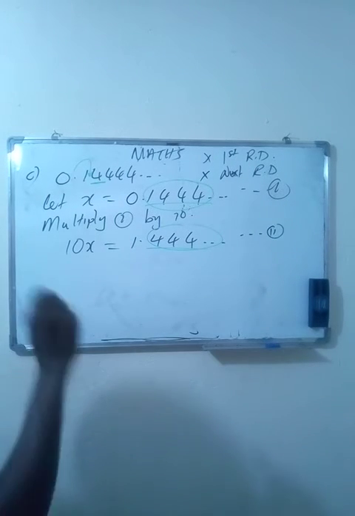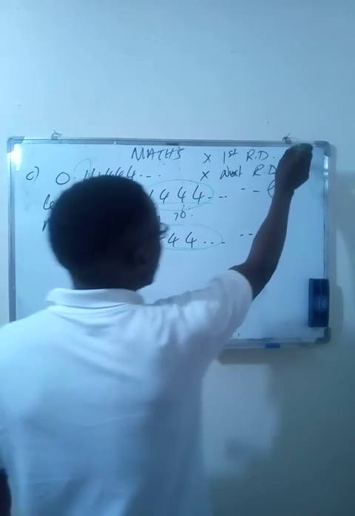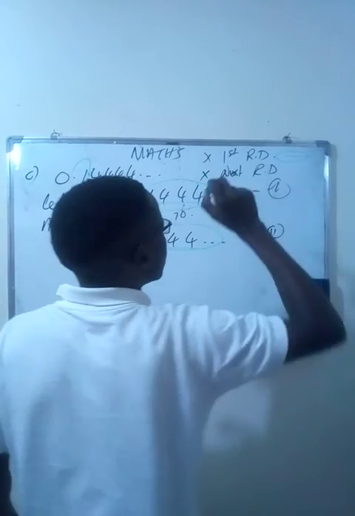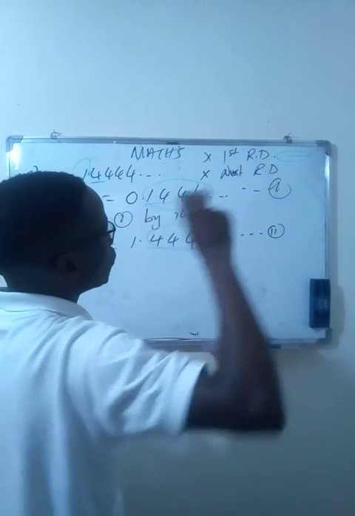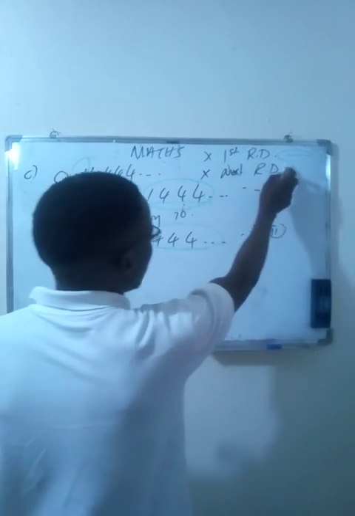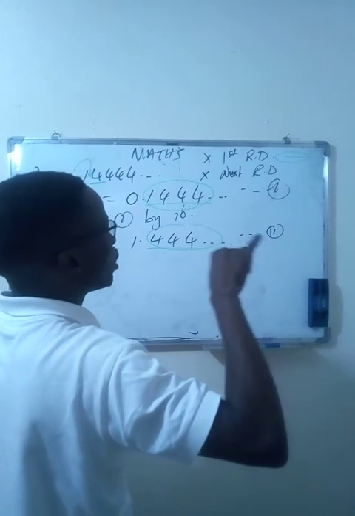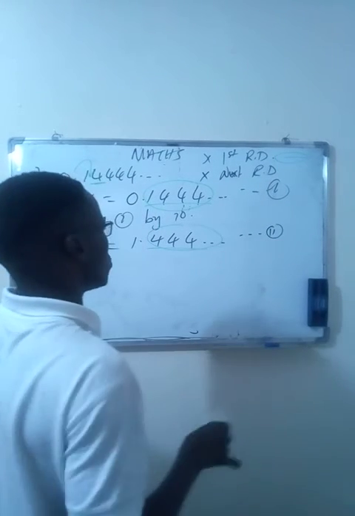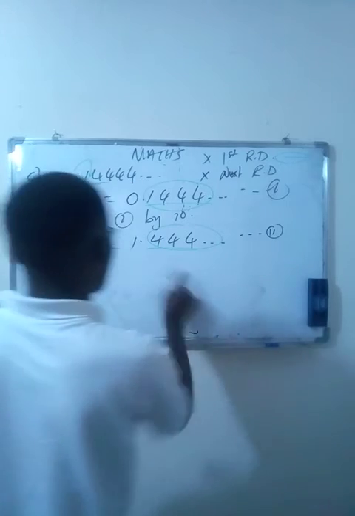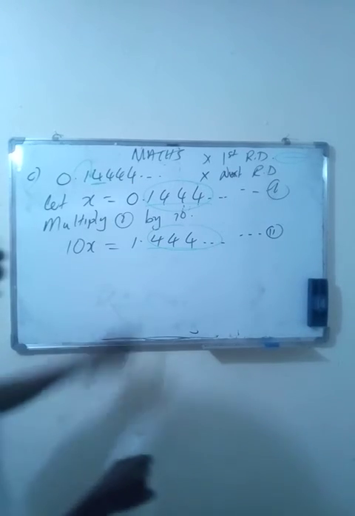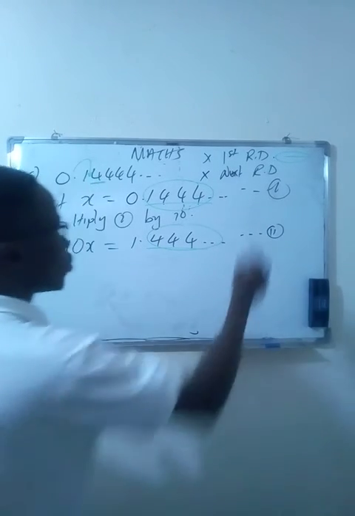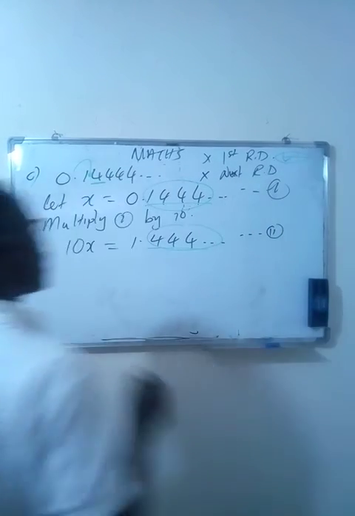That's when we can subtract. So this equation we have has the decimal point at the first repeating decimal. So that is checked.